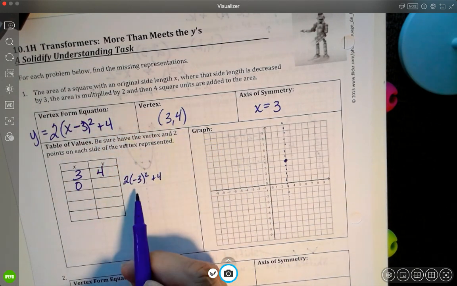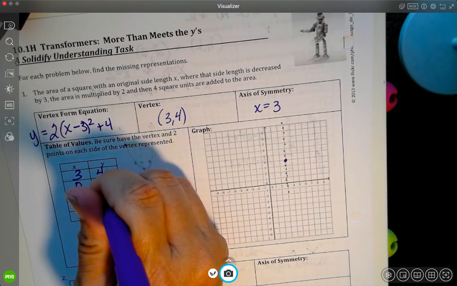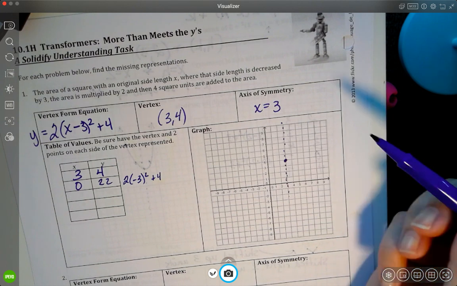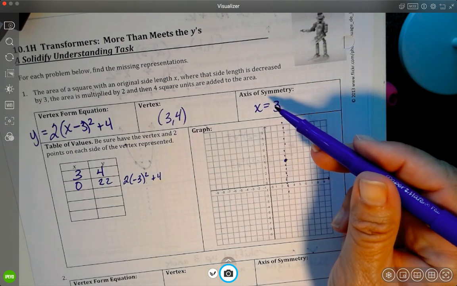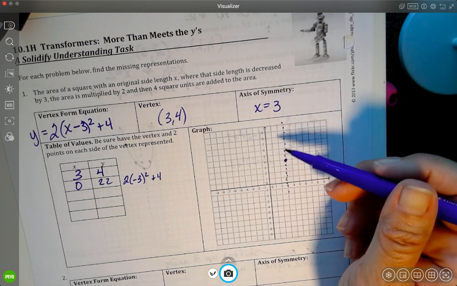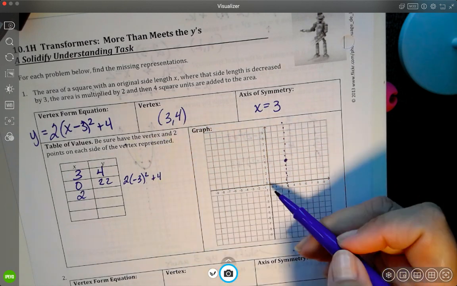So negative 3 squared is 9. 2 times 9 is 18, plus 4 is 22. See, that's not a really good point to choose because it's so far up. So I probably want to choose something closer. So I'll choose 2. I can't even graph (0, 22), it's so far up.